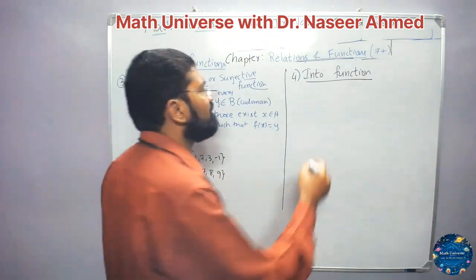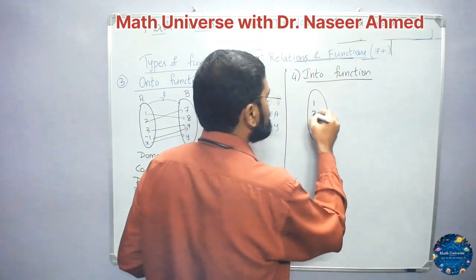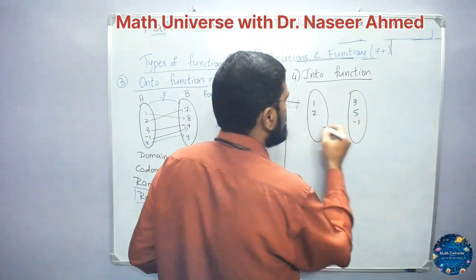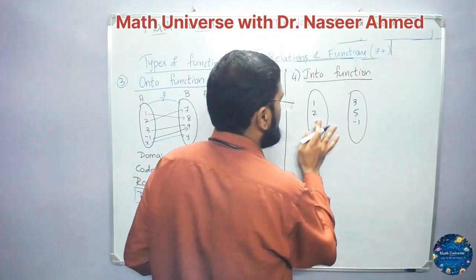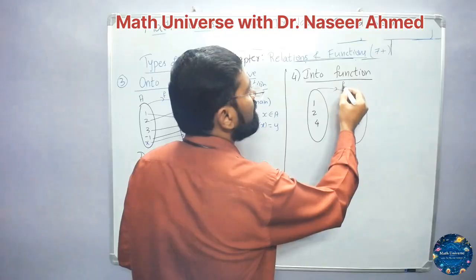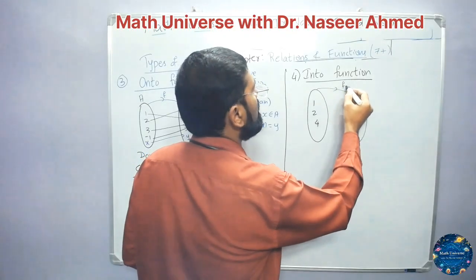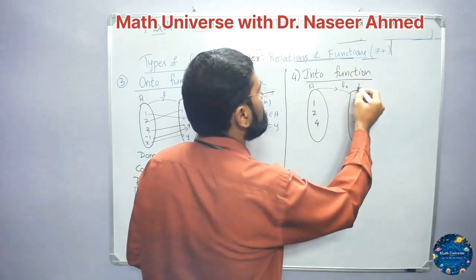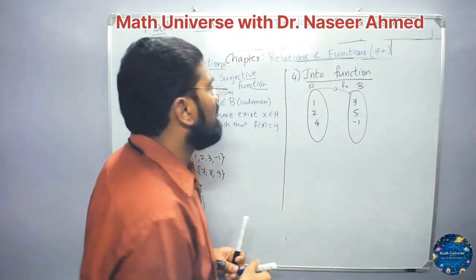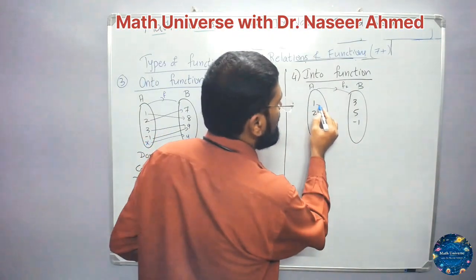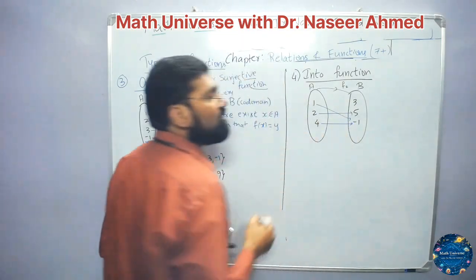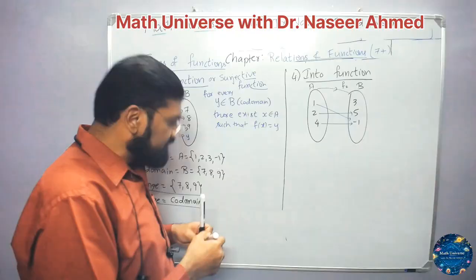For example, okay, 2 is already taken, some element will take 4. See carefully. F, okay, 2 will take this. Now see carefully, it need not always be A and B, it can be C and D, okay, L and M. Now see this, 1 is mapped to -1, 2 is mapped to 5, 4 is again mapped to -1.